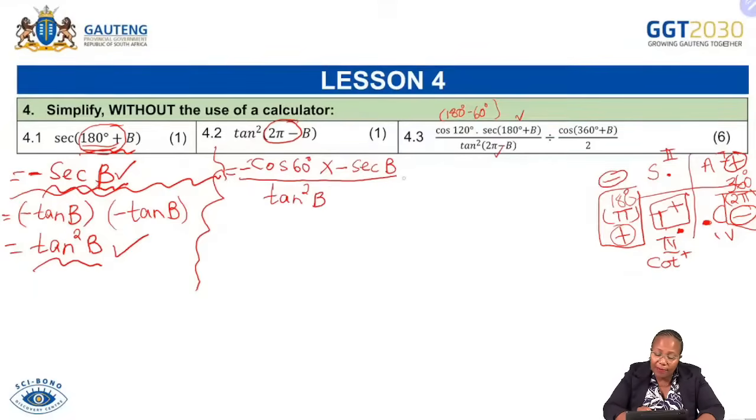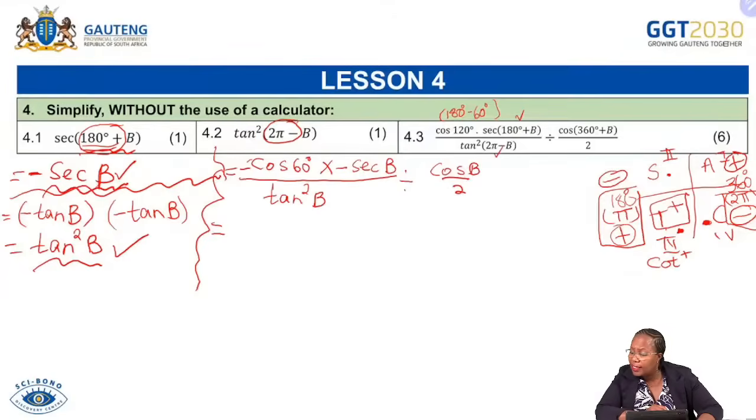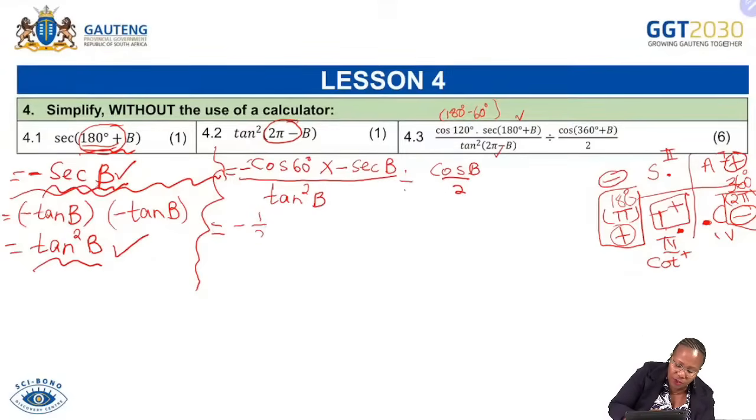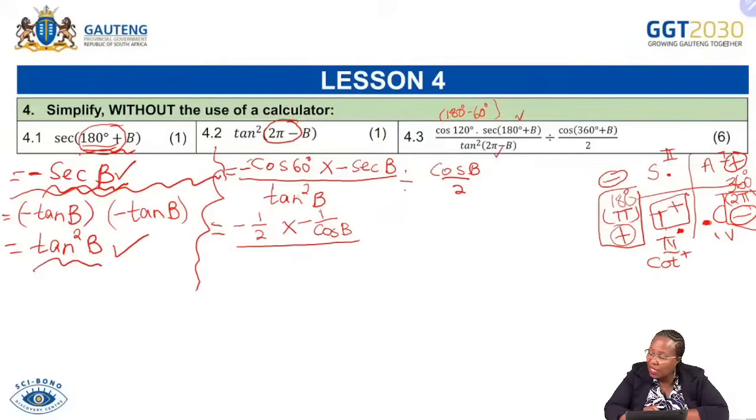And then divide by cos 360 plus b, that is quadrant 1. All ratios are positive, then it will be cos b over 2. Continue. The cos of 60 is how much, grade 12? That is 1 over 2, then it will be minus 1 over 2 for cos b. Multiply by the sec of b, it is 1 over cos, minus 1 over cos b, all over the tan squared b.